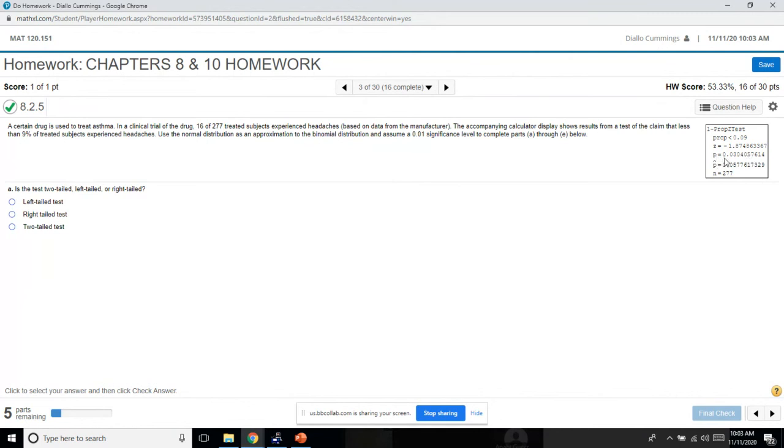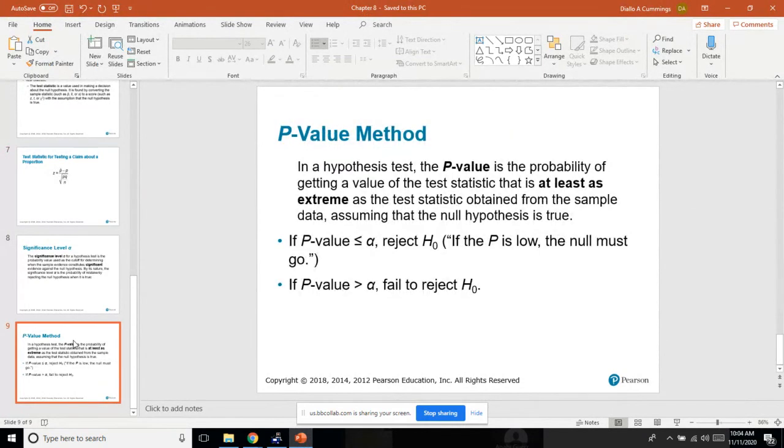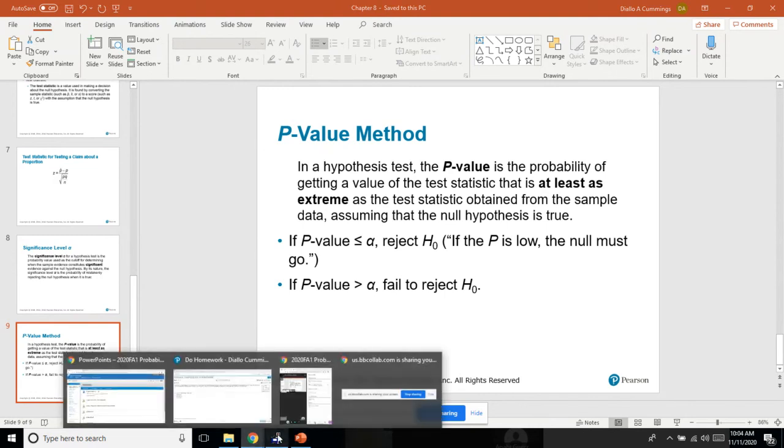P is equal to 0.03. Here again, going back to our slides, this is the value we would use to either reject or fail to reject the null hypothesis. And it also has already been calculated.